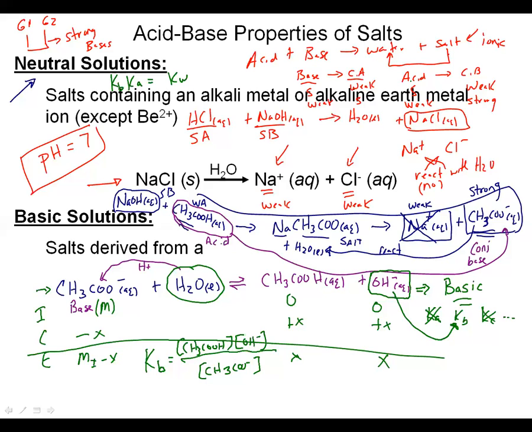Questions on that aspect of it? And again, if you're not really sure, should you be using a Ka? Should you be using a Kb? You should always look at the product side of your reaction, which is why it's really important to be able to write these chemical equations correctly. And if you see on the product side you have OH minus, you definitely should be using the Kb when you do those type of problems.